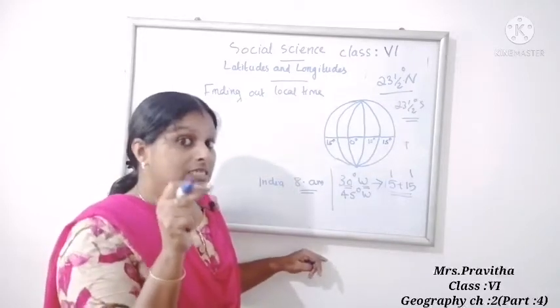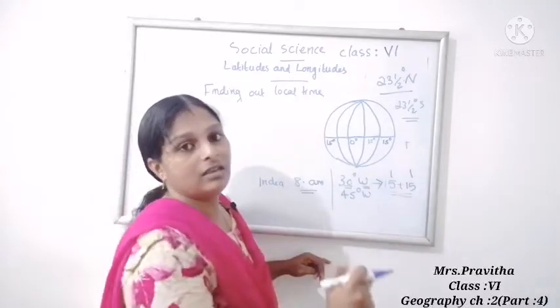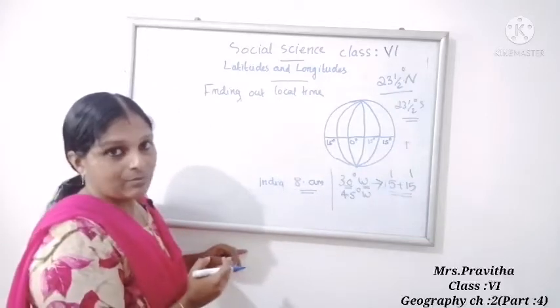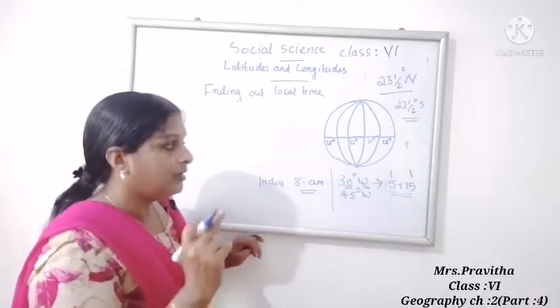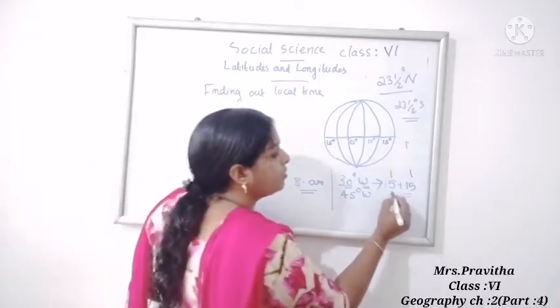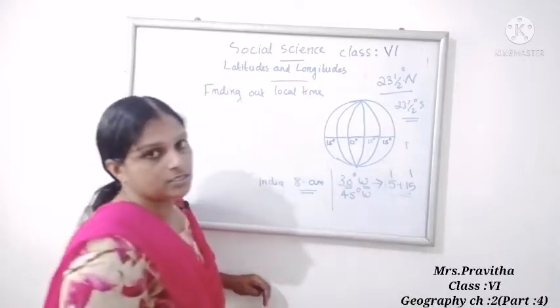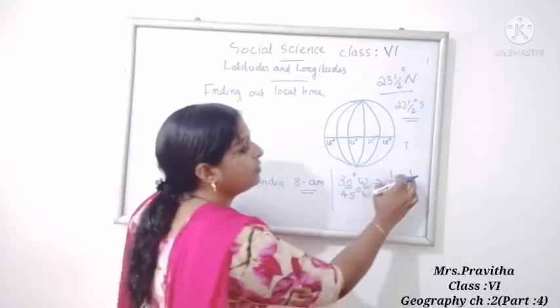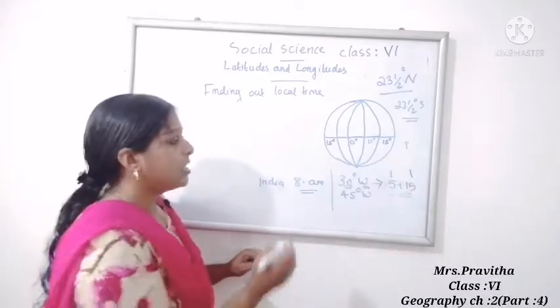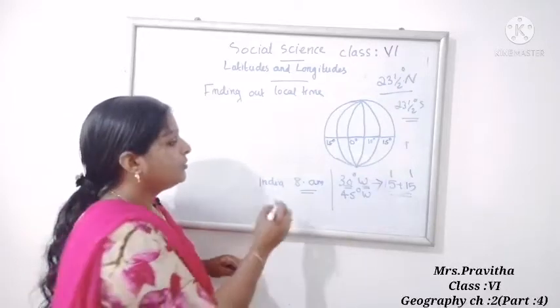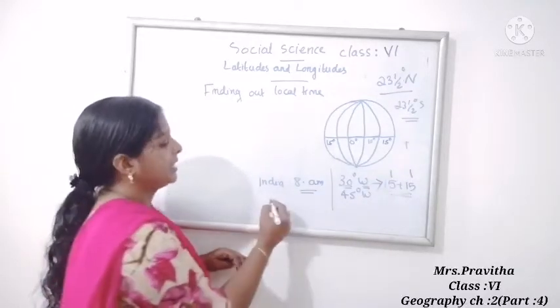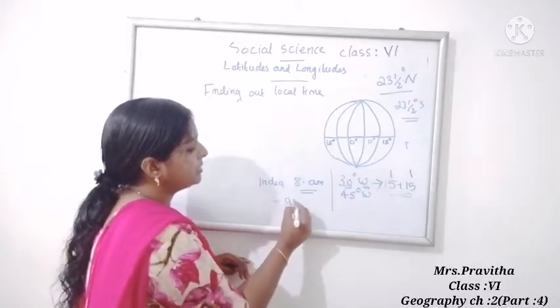Moving in the eastern direction means time will increase. Moving to the western hemisphere, time will decrease. So you have to decrease 2 hours from Indian time. So what will be the time? 6 a.m.